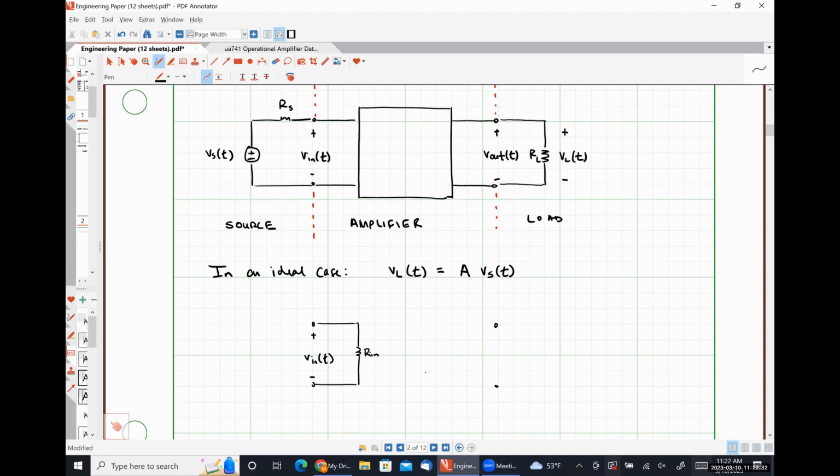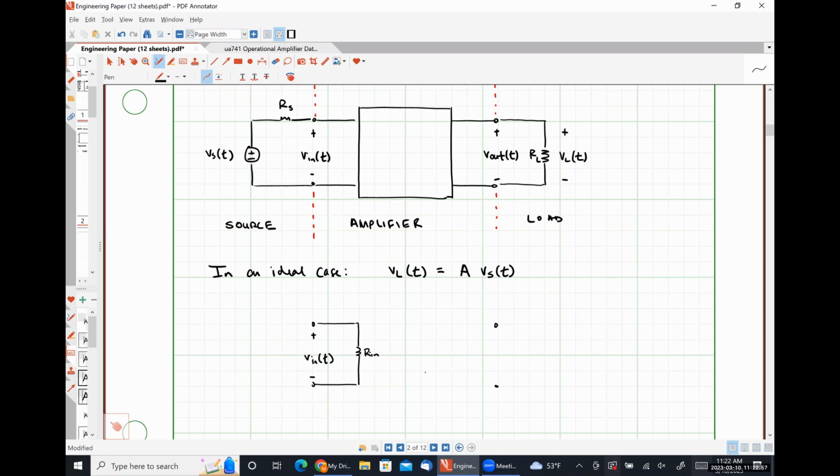So if we were to disconnect our load resistance and look in, what Thevenin equivalent circuit would we see? Are we going to have a voltage drop across these terminals? Probably, because there's a signal voltage being applied to our system.